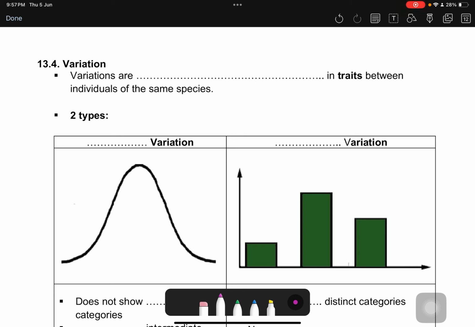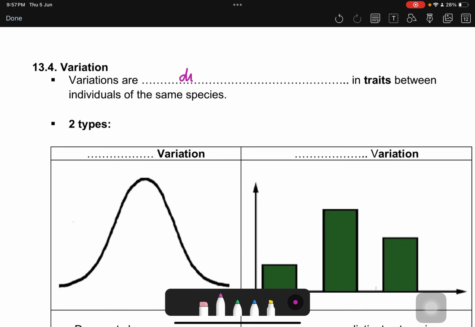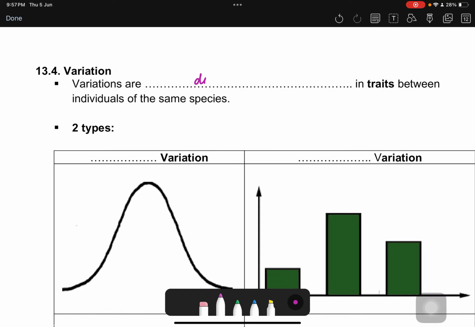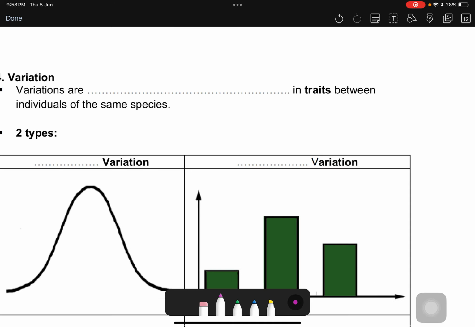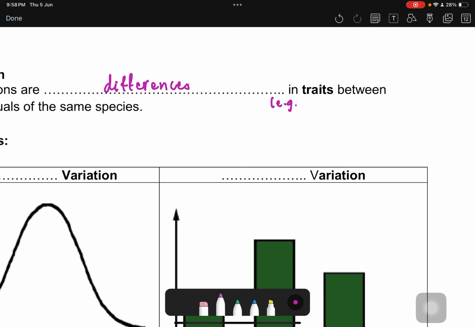So, variations are differences in traits. For example, our height, our weight, our hair color, skin color.